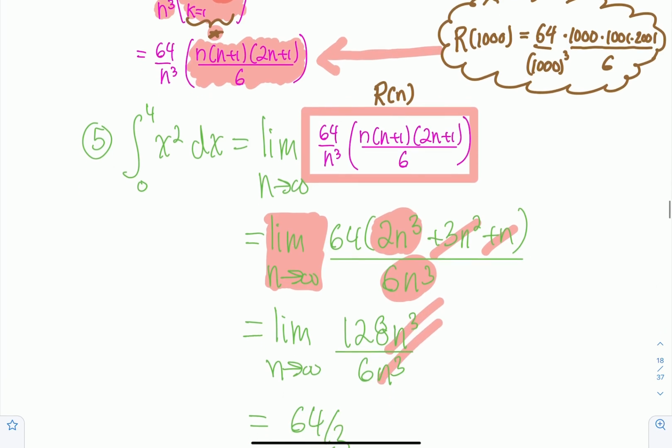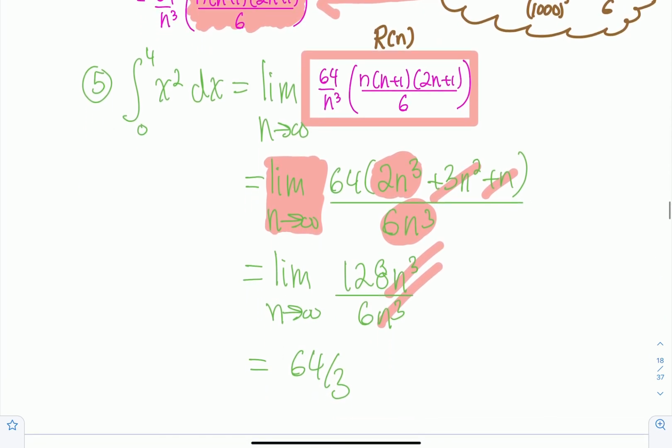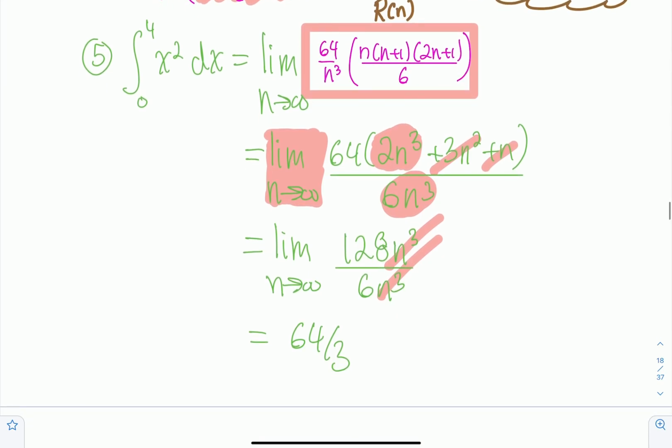And now this is where the magic happens. If things are done correctly, this will always happen. If you cancel the n cubes, 128 over 6 simplifies to 64 over 3. So this is the value of the region under x squared over the interval 0 to 4.